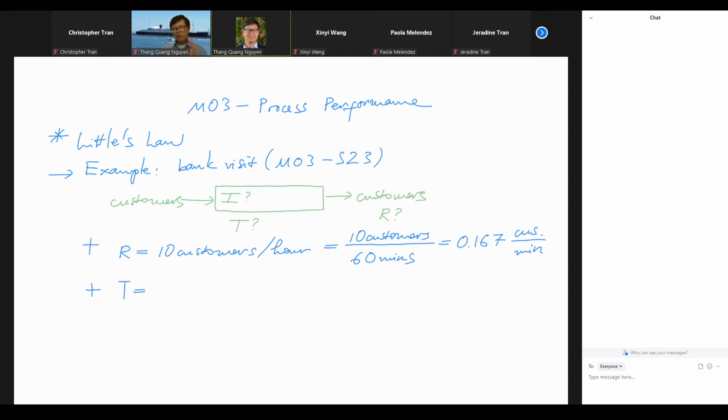Then actually, we can calculate the 10 individual flow times of the 10 customers, right? How? For example, customer 1 walked in at 9:01 and walked out at 9:07. Then the flow time for customer 1 is 6 minutes, right?